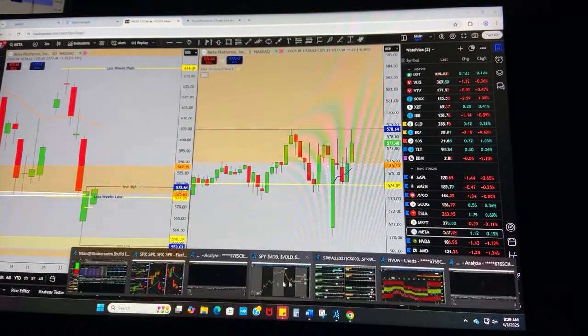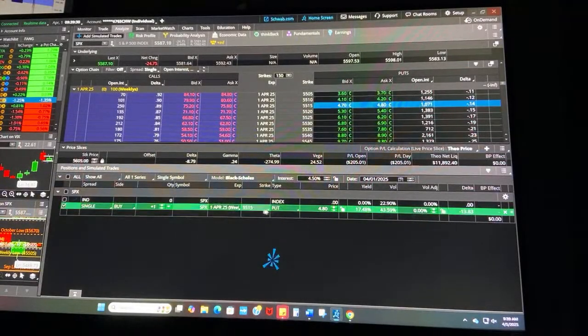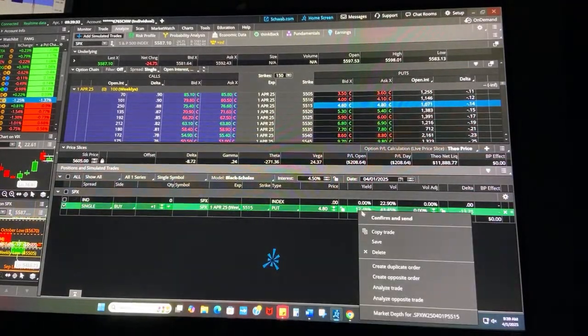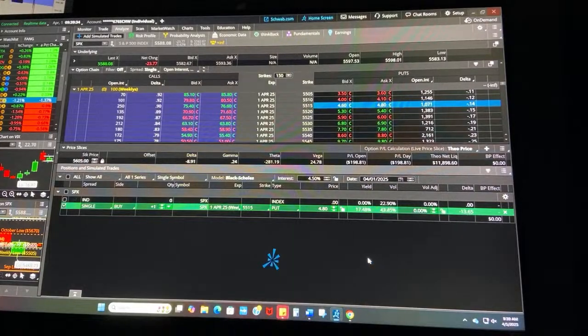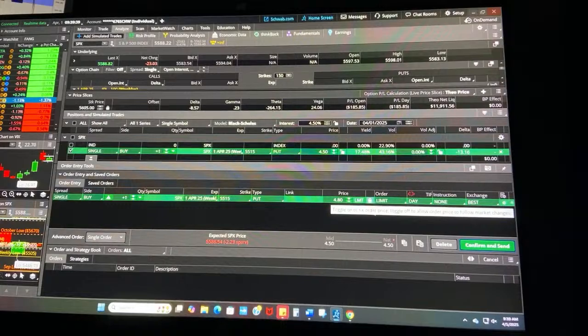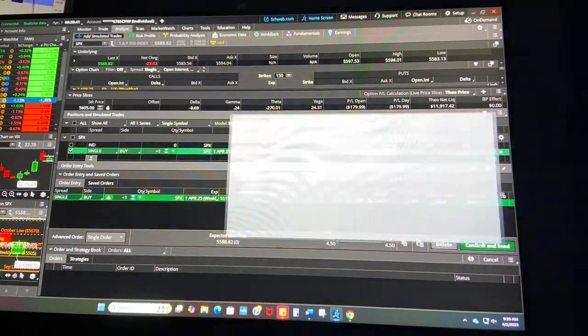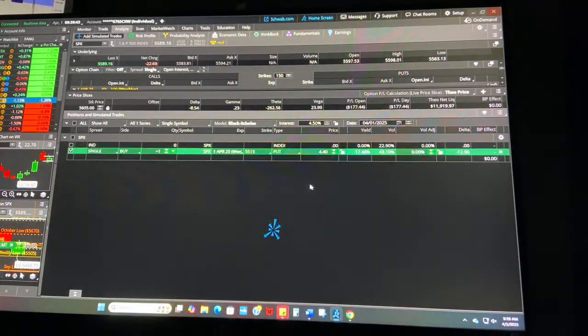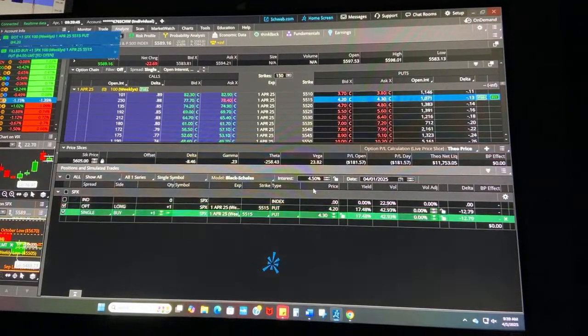All right, so I'm going to pick up this 5515 strike put on SPX. All right, just bought this for 420. Want to be careful with this one.